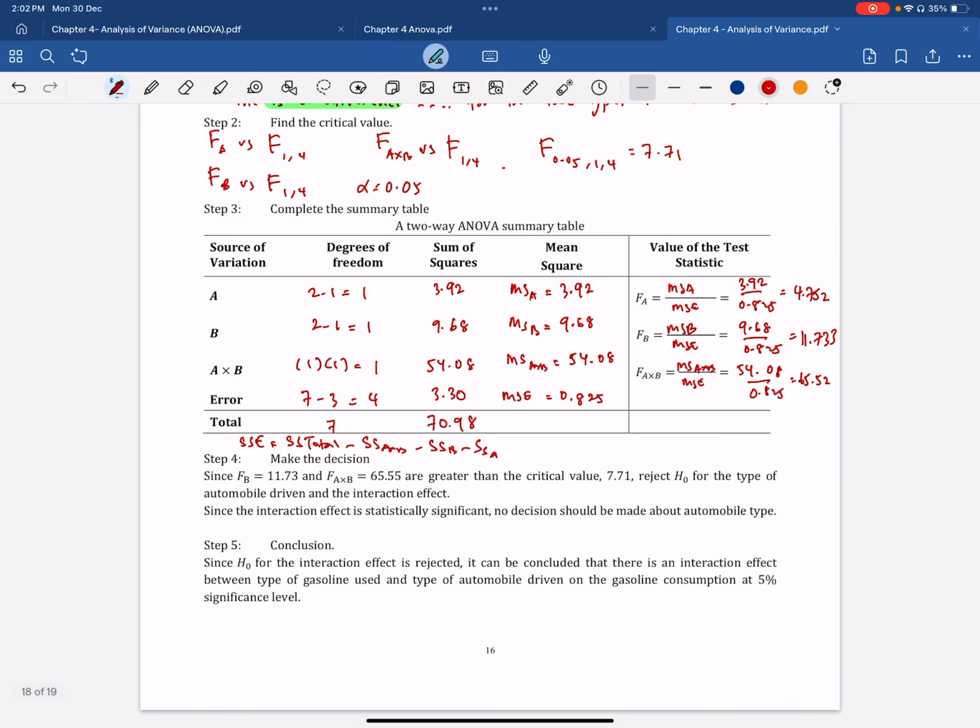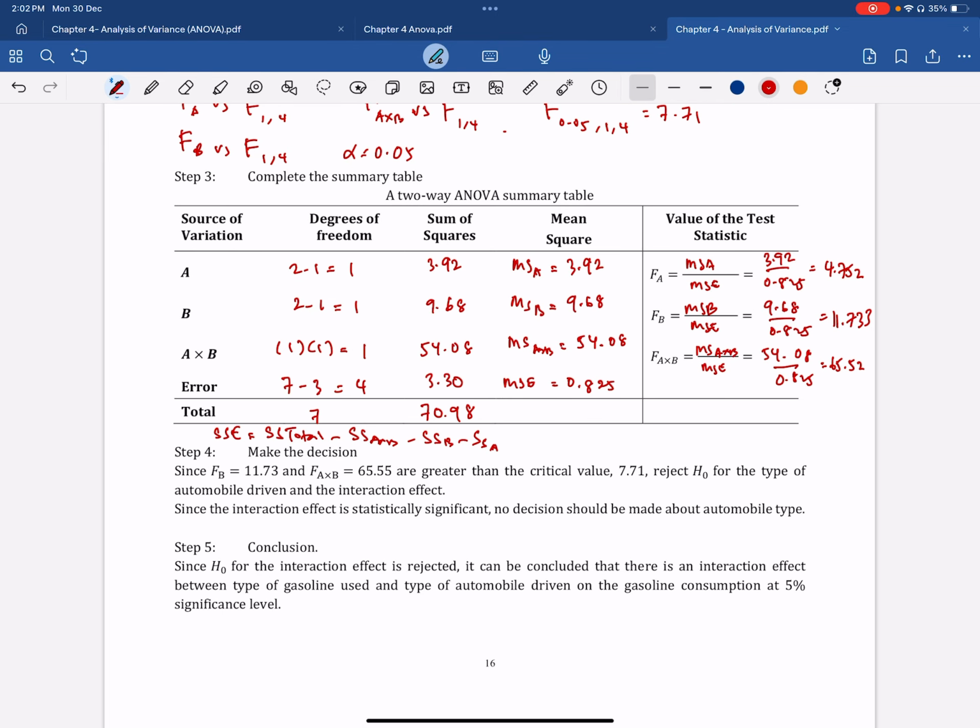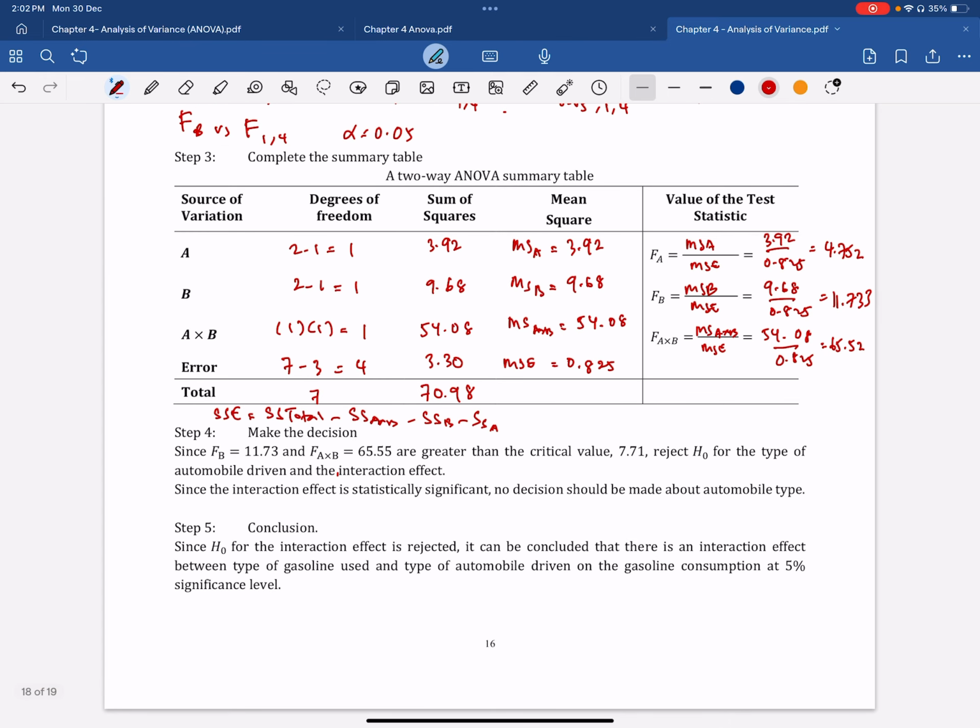All right, and then make the decision. Since FB and FA times B are greater than the critical value 7.71. So the decision rule is actually: reject H null if F calculated is greater than or equal to F critical.